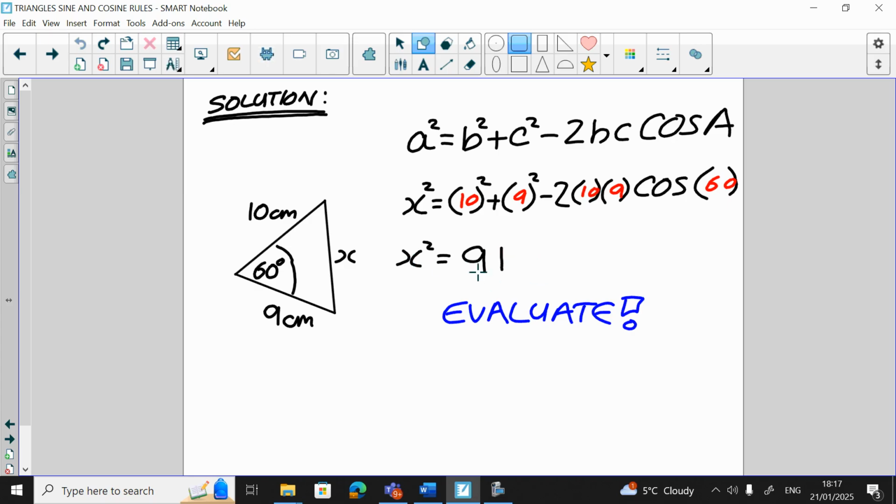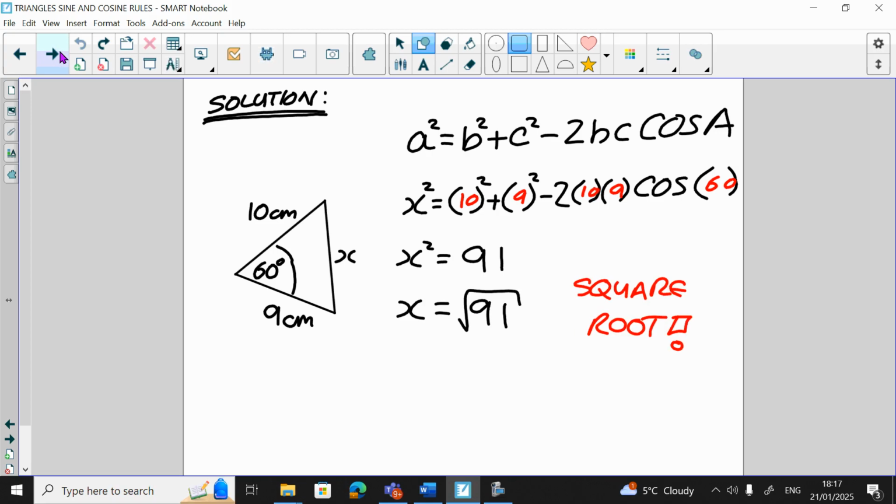So square root of 91, oh, that's no nice. If that was 81, that would be nice, because the square root of 81 would be 9. And the next square up is 100. So that lies somewhere between 81 and 100. So if you go and square root 91, it'll give you something like 9.5, or 9.5 and a wee bit actually.